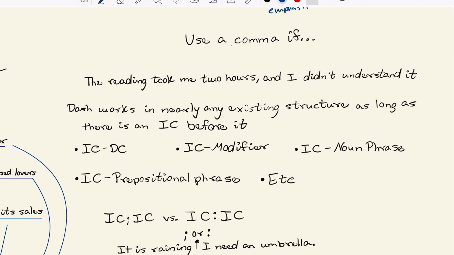When should you use a comma? In this sentence, the comma is separating two independent clauses. The reading took me 2 hours, and I didn't understand it. And so you should use a comma if two clauses are equal in importance.